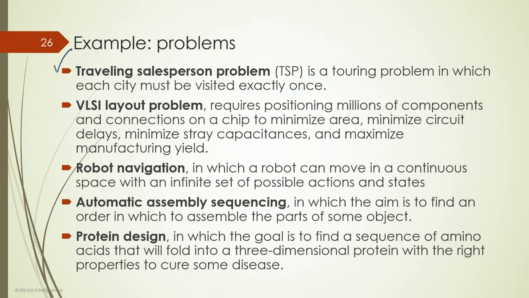VLSI layout problem, the integrated circuit layout problem. This is a very important problem in IC design when you have many components. We are talking about millions or even billions of components on one integrated circuit. Integrated circuits are not completely planar, but you have only a few layers of wires.